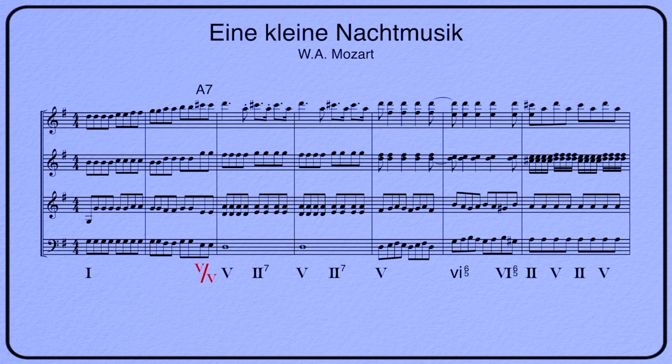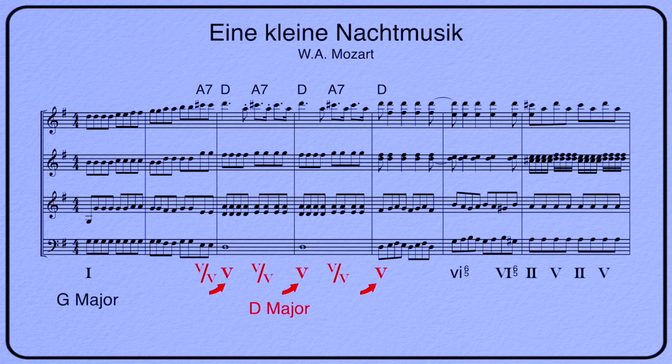This is 5 of 5, and right away here's the 5 chord, D major. Notice that Mozart doesn't just tonicize 5 once, but 3 times. This really helps destabilize G major as the tonic in favor of D.